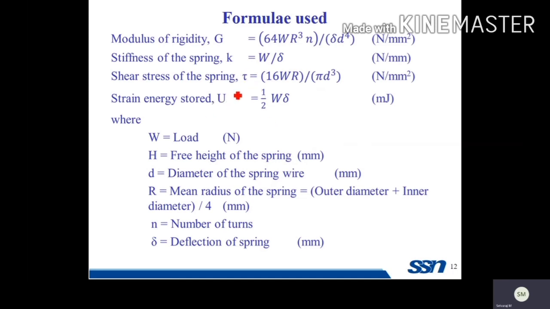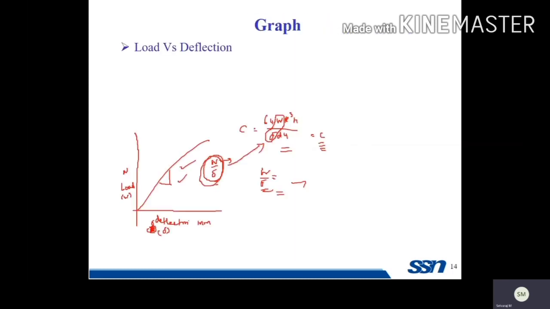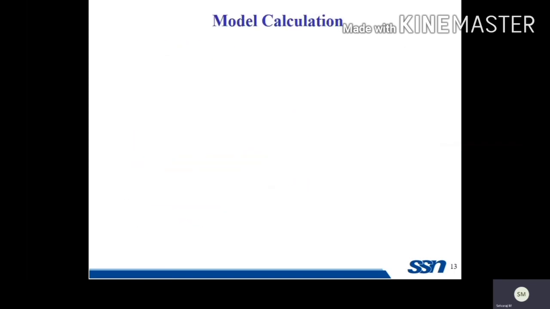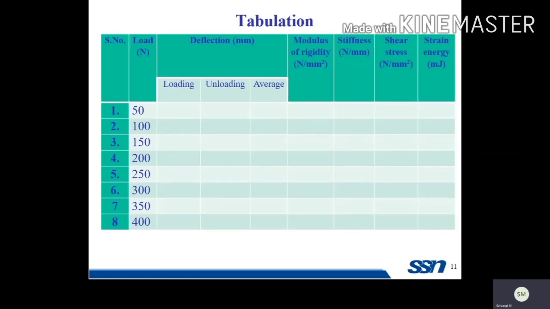Right? So now come to the table. In the table, you must have calculated the modulus of rigidity, stiffness, shear stress, and strain energy. You don't take the average of the shear stress and strain energy. This is not a property. So only modulus of rigidity and stiffness.